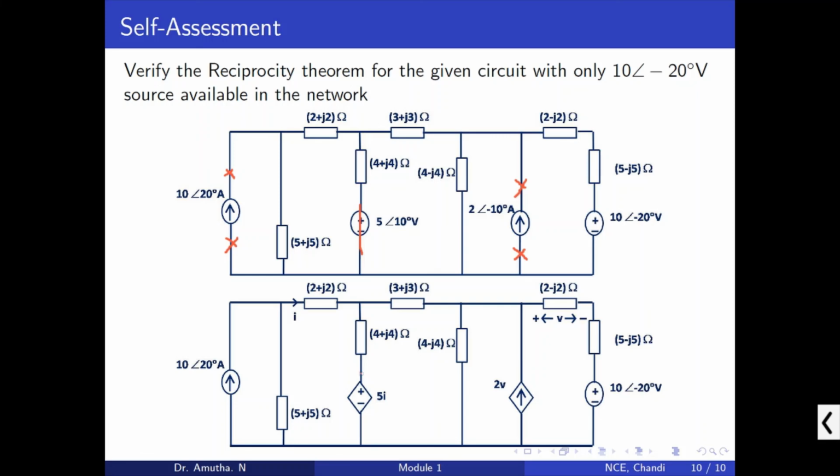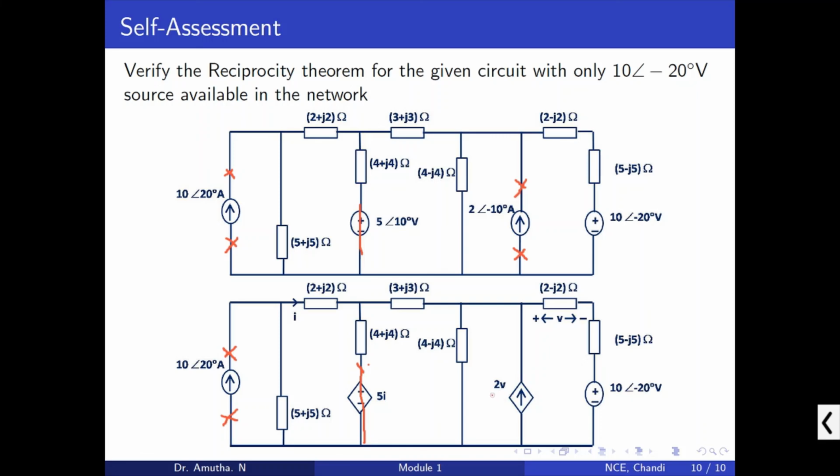Here what you can do is, instead of keeping everything, we can remove this dependent voltage source by short circuiting it, and remove this. Now you have only this 10 at an angle minus 20 degree voltage source and the 2V current source.